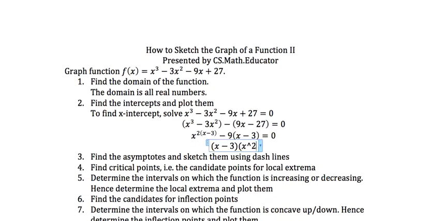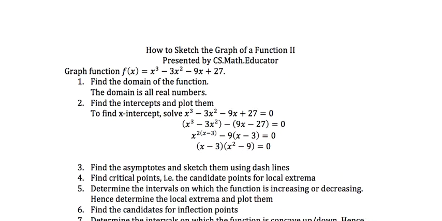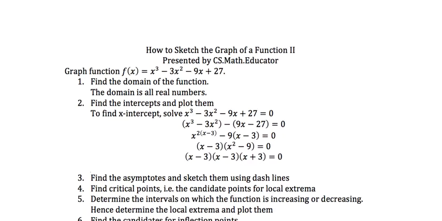I have x^2 - 9 as another factor. Now I continue to factor x^2 - 9. Then I will have (x - 3)(x - 3)(x + 3) = 0. Solving this, we get x = 3 or x = -3.